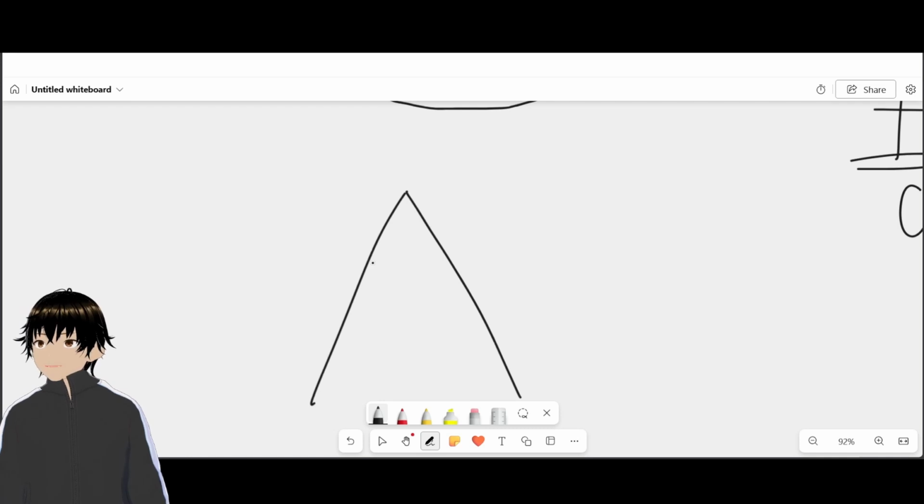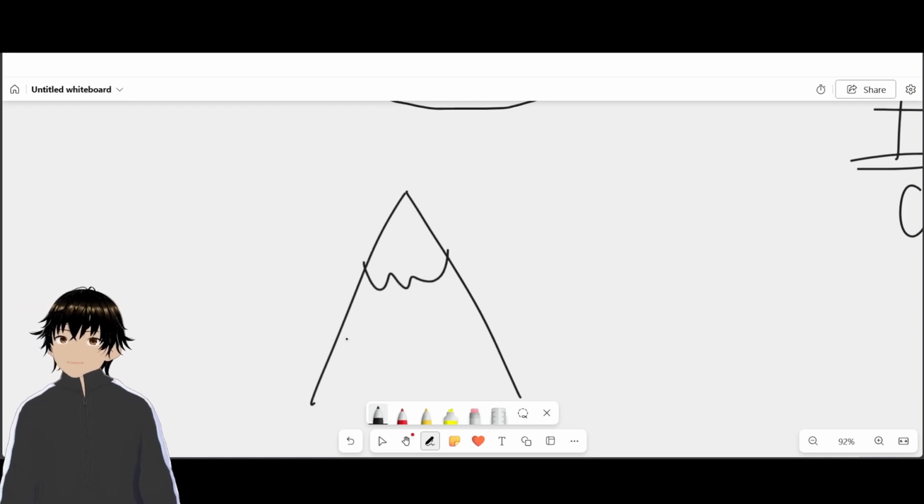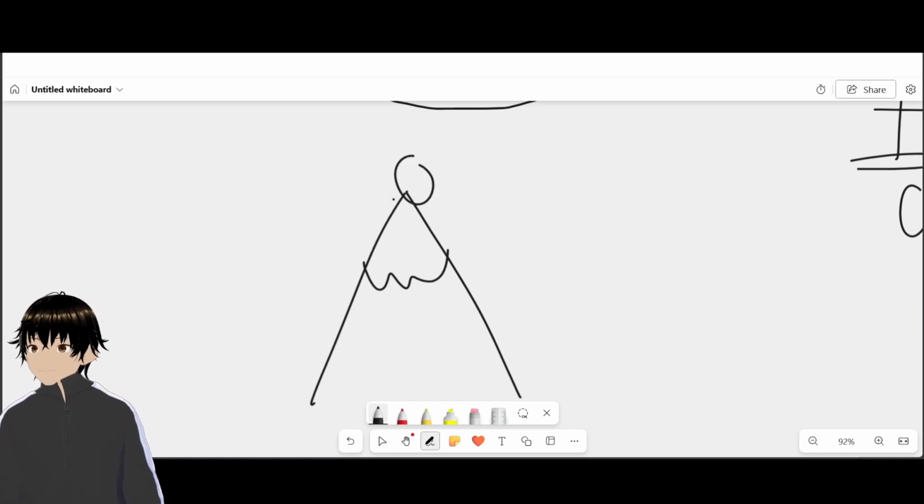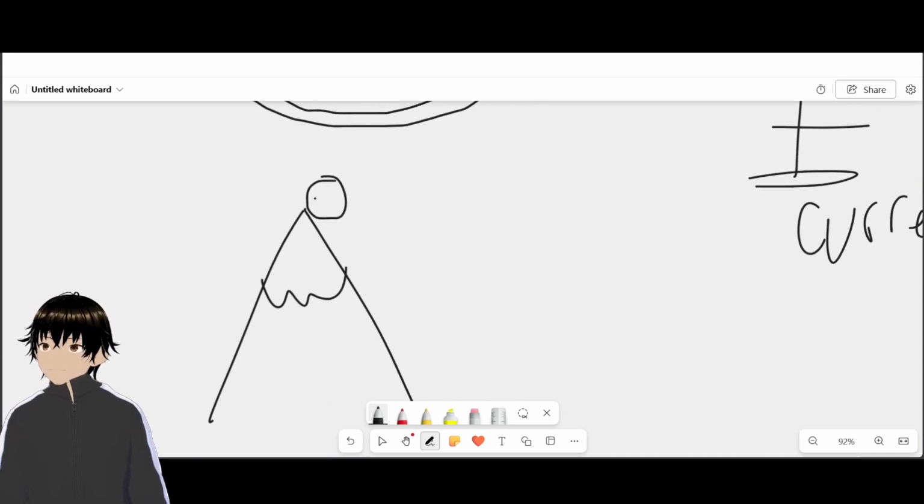At any point on this mountain, let's say you have a ball, and you put this ball right here.